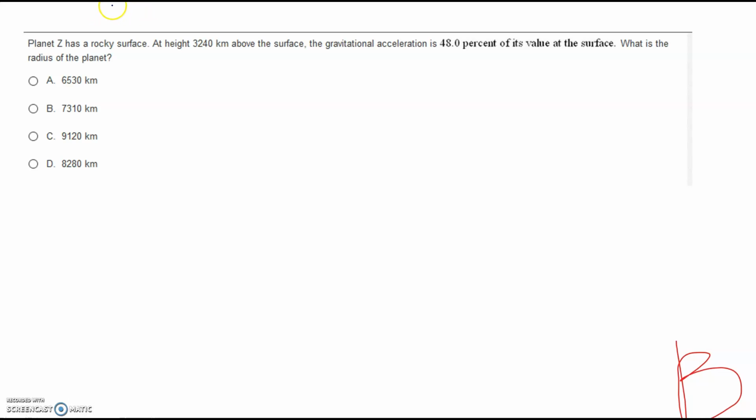Oh, and we're going to use quadratic. Awesome. So what I did was I said, okay, I have F times 0.48 is equal to F above the surface.